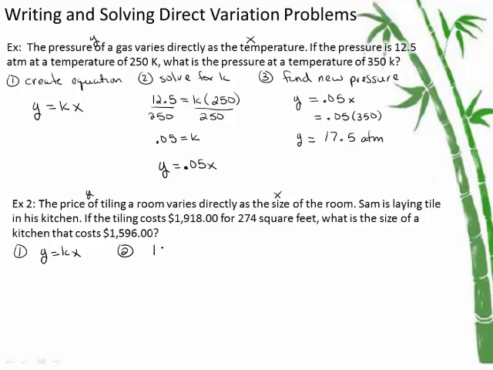So I want to find out what is K when the cost is $1,918 and the size is 274. So I'll divide both sides by 274. And I'll get that K is equal to 7. So my equation is going to be Y is equal to 7x.